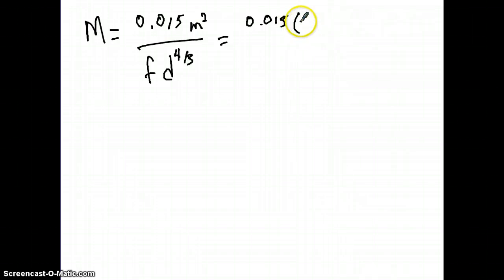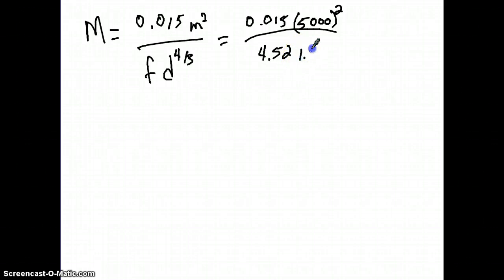We have a mass of the sail of 5,000 kilograms. That's going to be raised to the second power. We're going to divide that by 4.52 newtons multiplied by the 1.52 astronomical units, but we want to raise that to the power of 4/3.